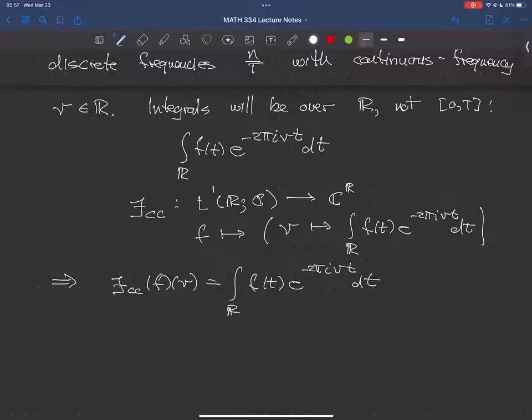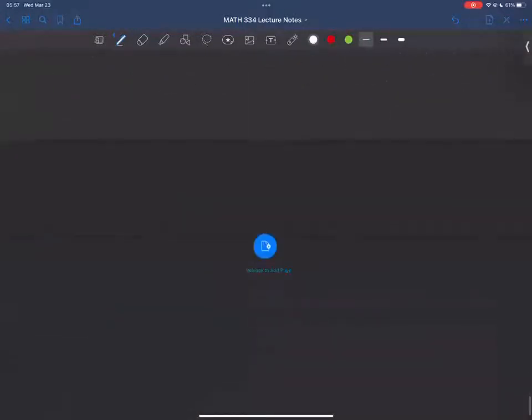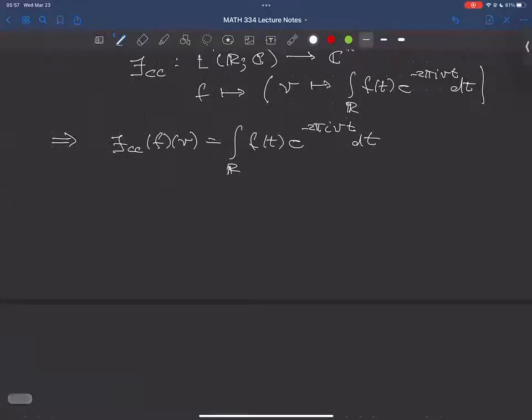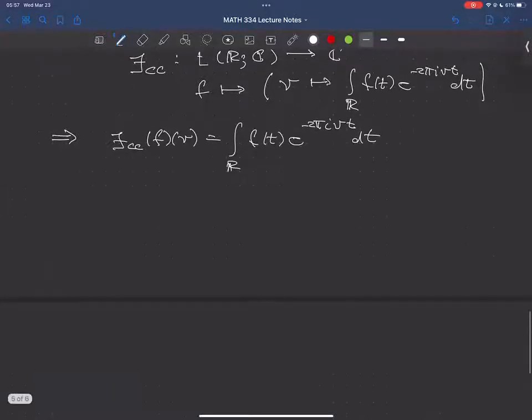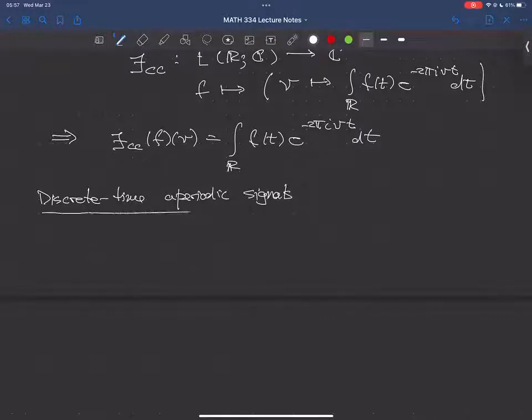Now let's talk about the discrete versions of those transforms. All right, so first let's talk about the discrete time aperiodic case. All right, so I have now f is discrete time, so it's going to be defined on some sampled interval Z delta into the complex numbers.